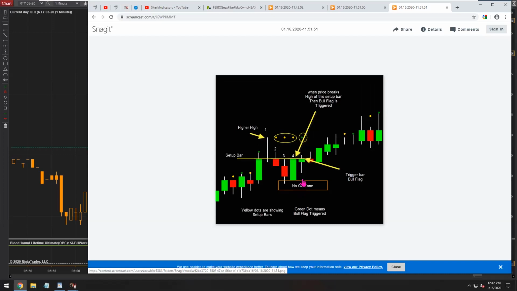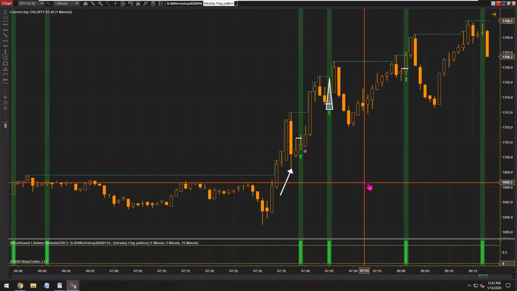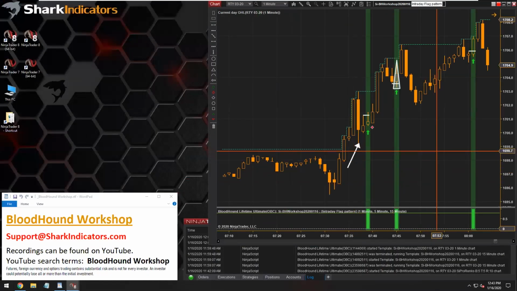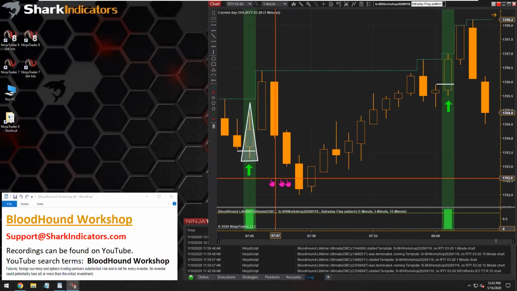So what we can do is make sure that the signal bar doesn't go below the previous bar low here. So let's go back here. Here's where we were working.